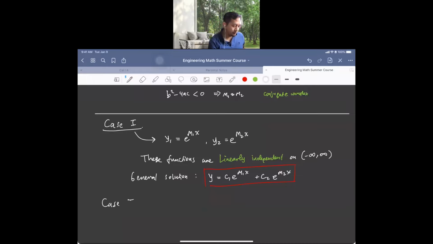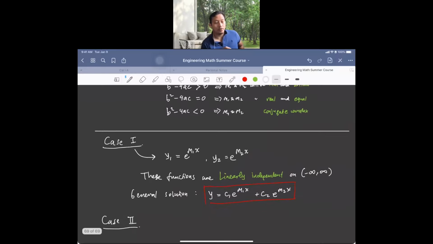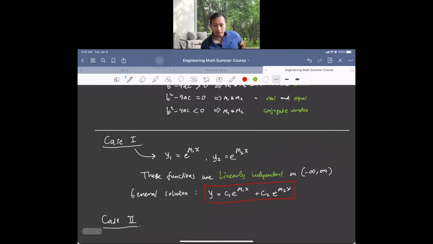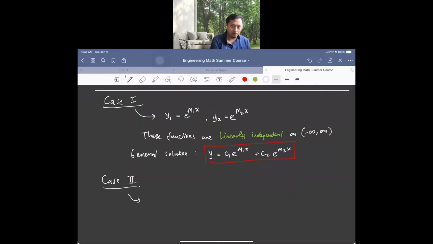Okay, for case 2, we see that m1 and m2 are both real and equal. Let me write that m1 is equal to m2, which means that the potential solution is y1 equals e to the m1x.